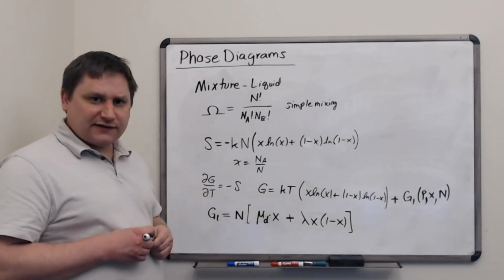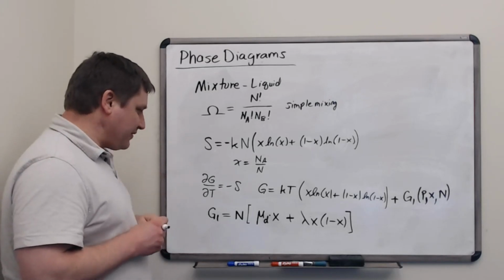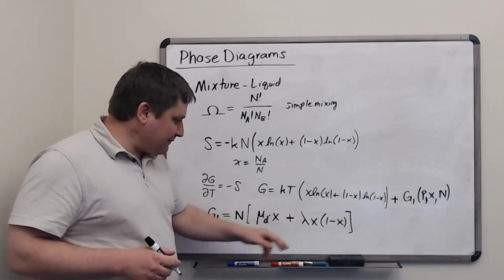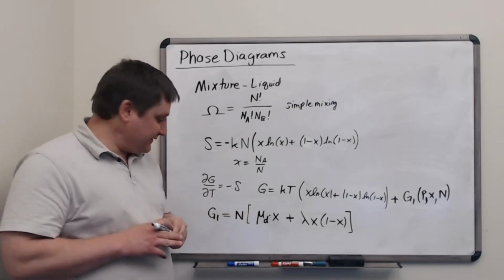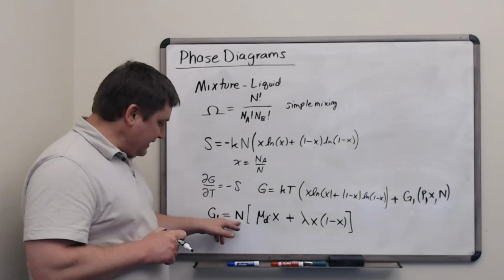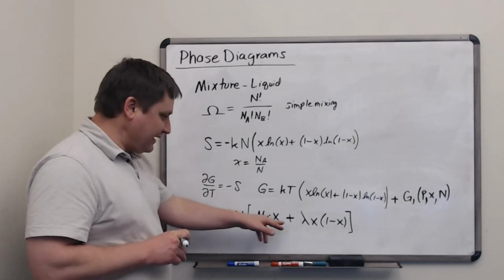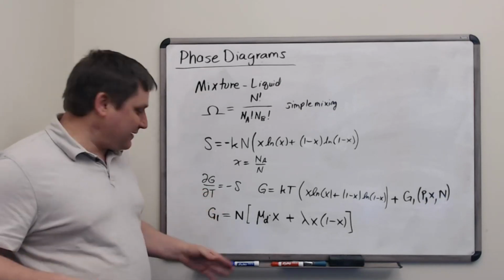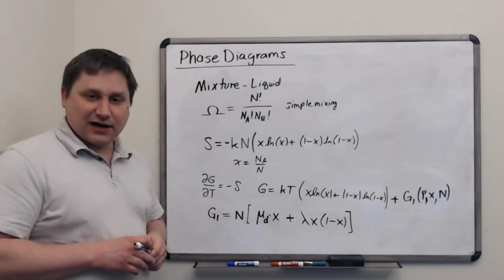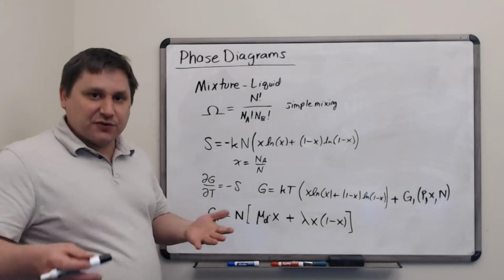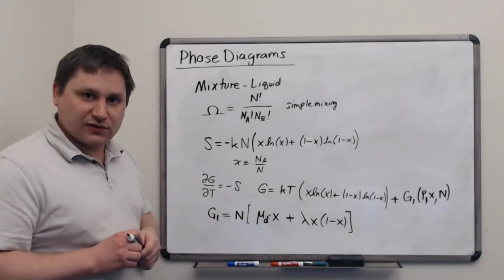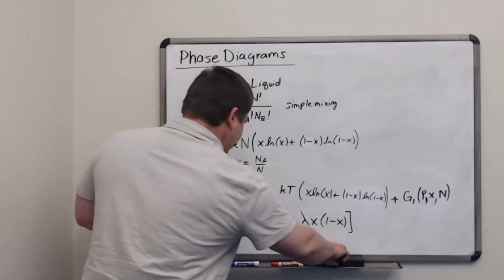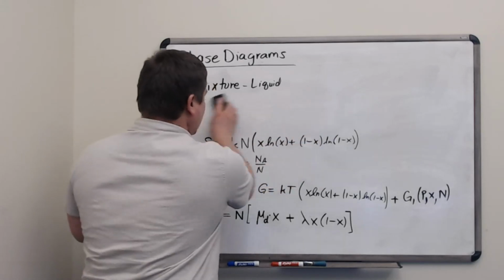Usually for substances, this lambda parameter does have a positive value. Note that the mu D and the lambda would both just have units of energy then, since G is an energy, N is a moles or a molecule number, and X is dimensionless. But we can, in fact, match up these two parameters to values for real mixtures depending on what two liquids are mixed. Okay, so we'll take this as our starting point.